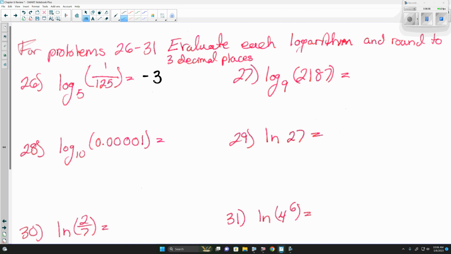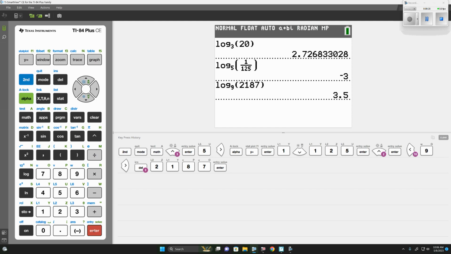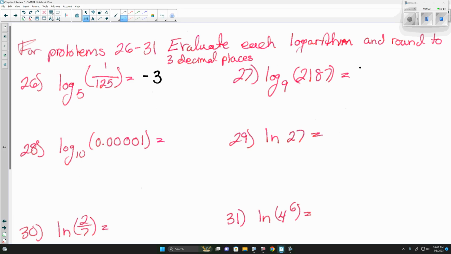And we do the same thing with log base 9 of 2,187, which is 3.5. If we type this next one in, we should get -5.